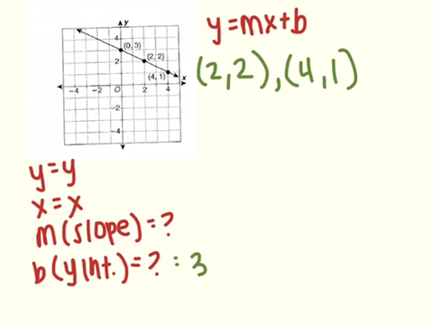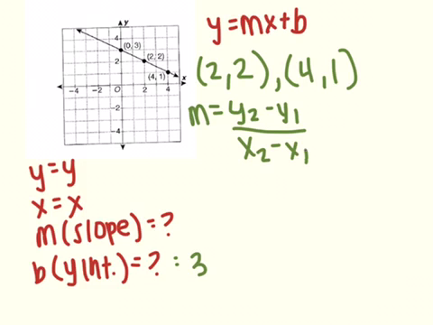our slope. So the equation for finding slope is m equals y2 minus y1 over x2 minus x1. So we're going to label these variables in our ordered pairs. So we have x1, y1, and x2, y2. Now it's a matter of just plugging everything in.